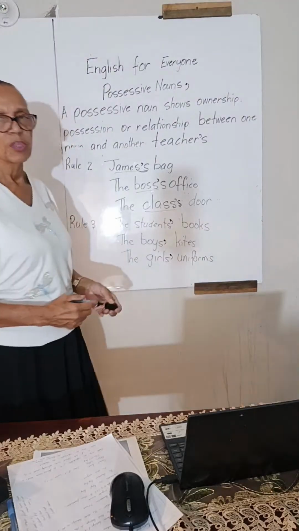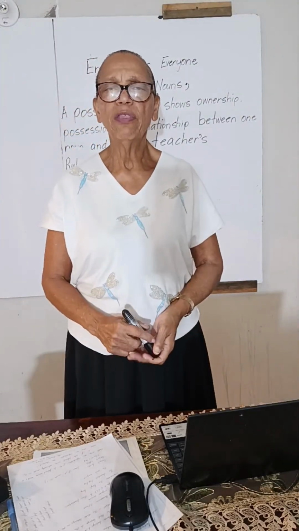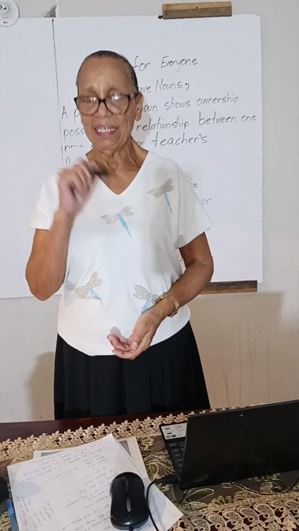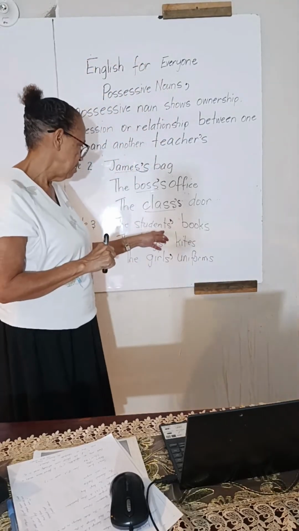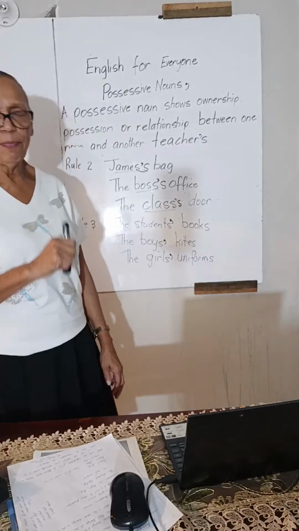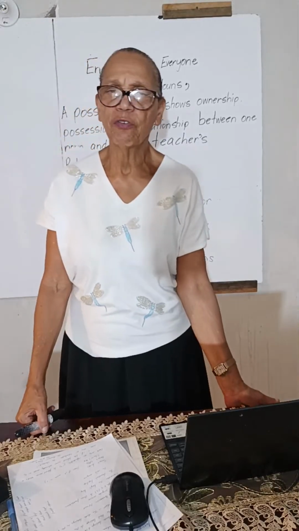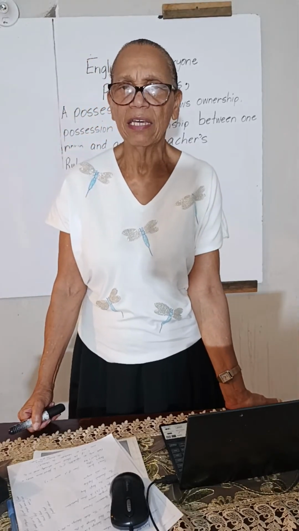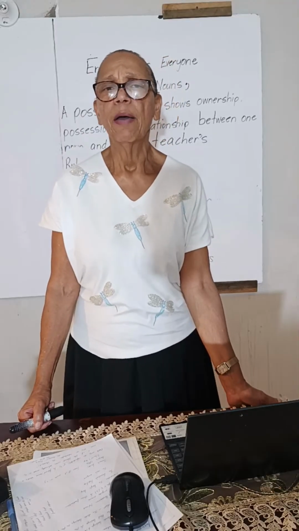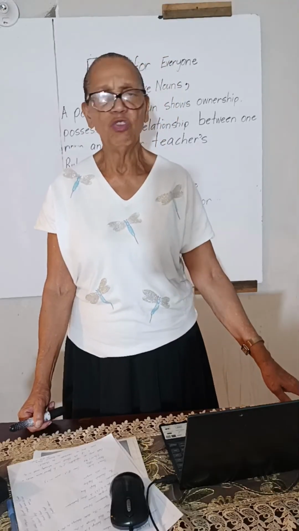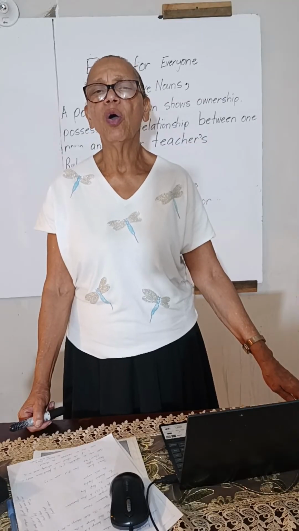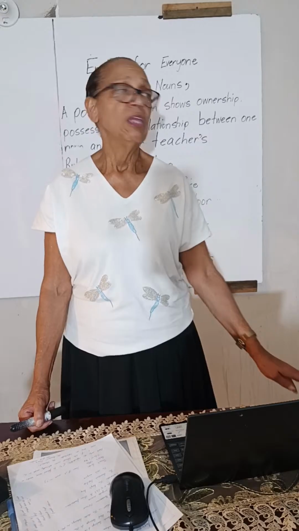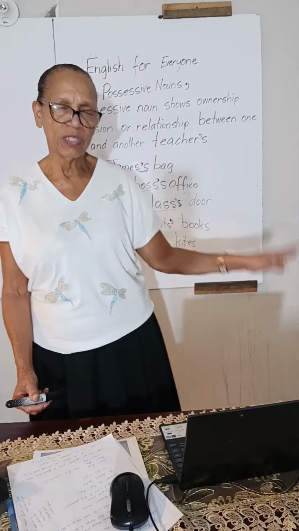So the rule is, when the word ends with an S, it's already plural, and we put the apostrophe on the outside. So when we're talking about plural nouns, normally, if it ends with an S, the apostrophe goes on the outside.